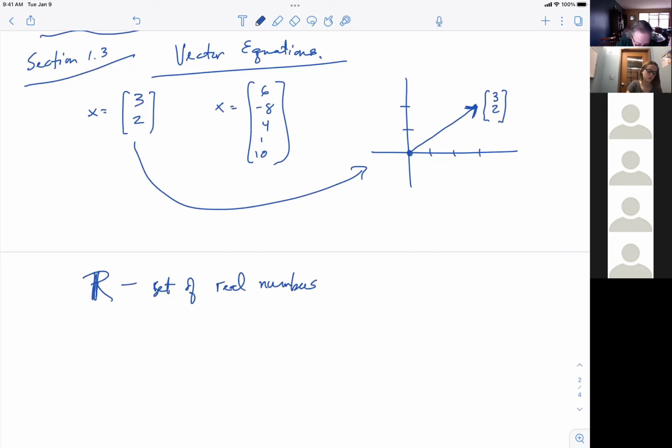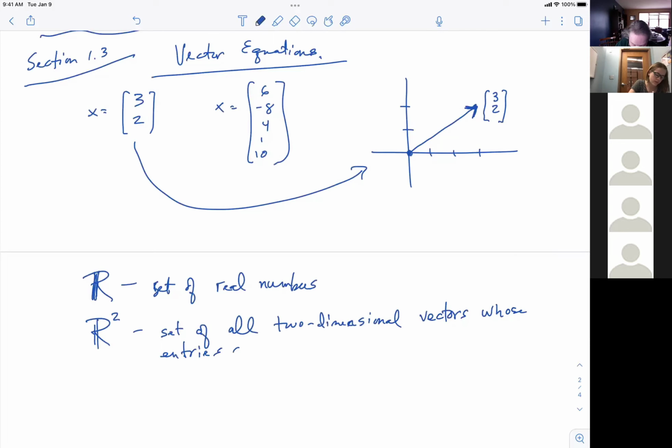And then we play off that, and we use R2. This is the set of all two-dimensional vectors whose entries are real numbers.